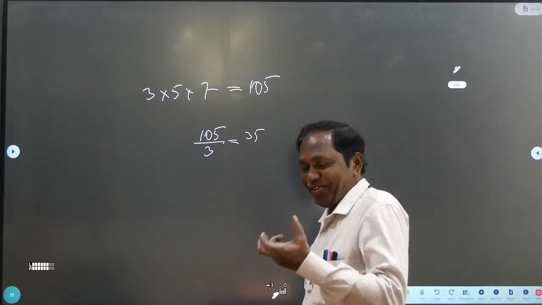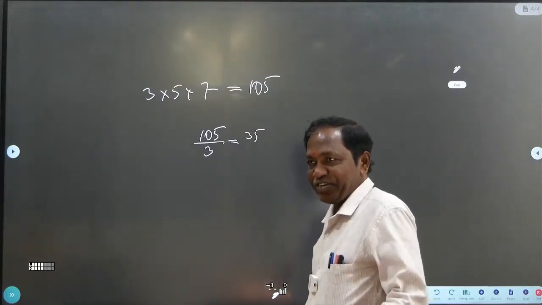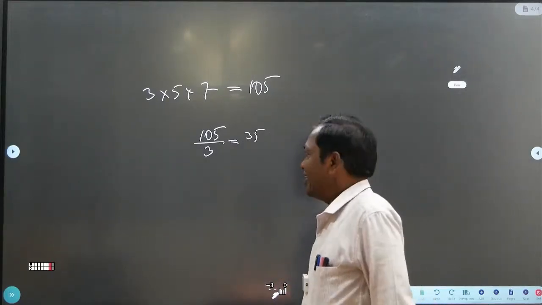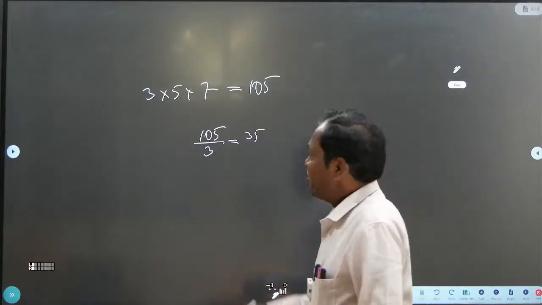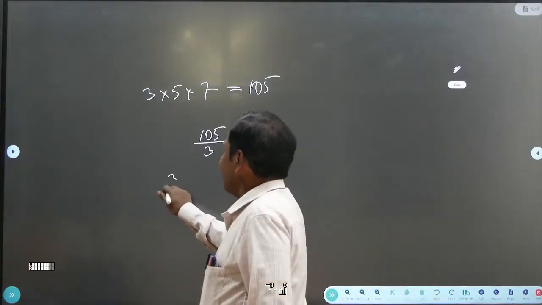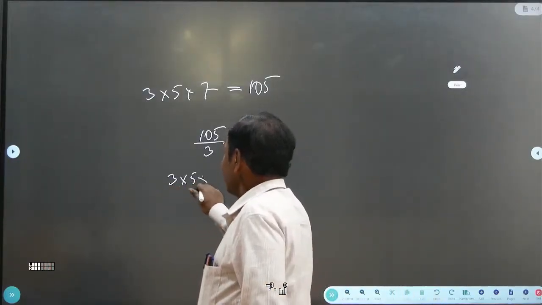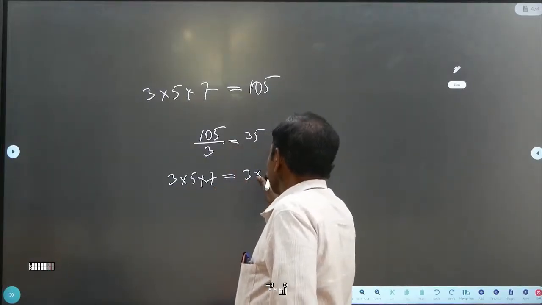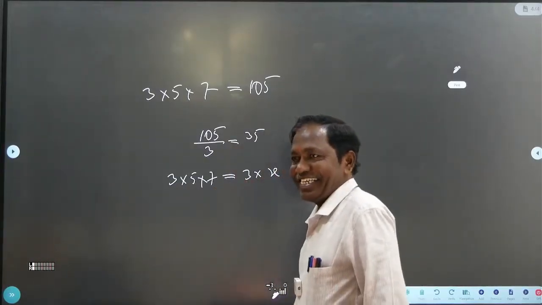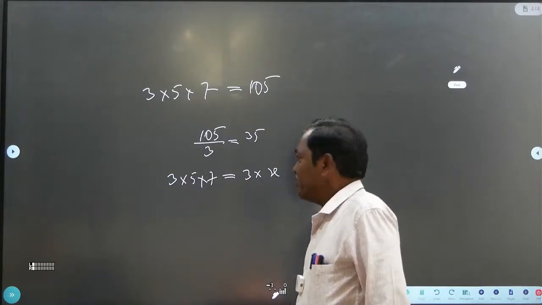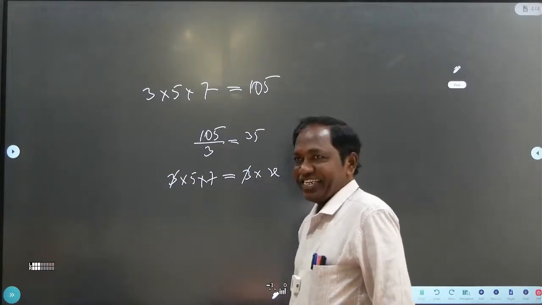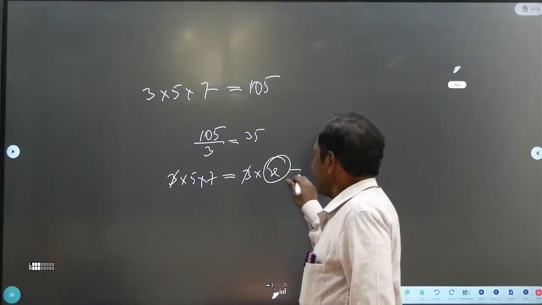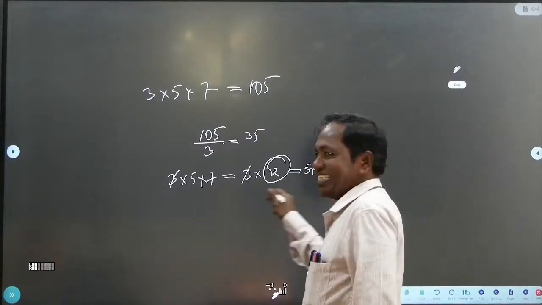You have to find the logic, you have to develop the CSAT brain. 3 into 5 into 7 is equal to 3 into x. 3 and 3 get cancelled. What is the x value? It is 5 into 7.